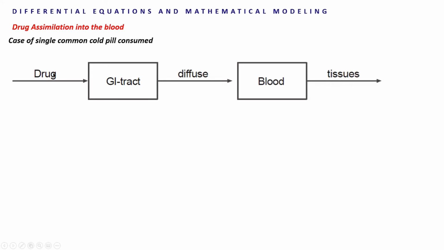Moving on to the next model. First we will see what is drug assimilation into the blood. If we take a single common cold pill, here what happens is the drug enters into the gastrointestinal tract, it diffuses into the blood, and from there it is moved through the tissues, and finally it is expelled out of the body again through this tract.